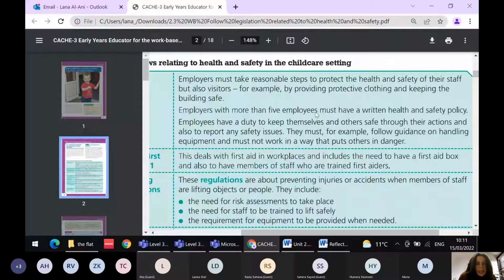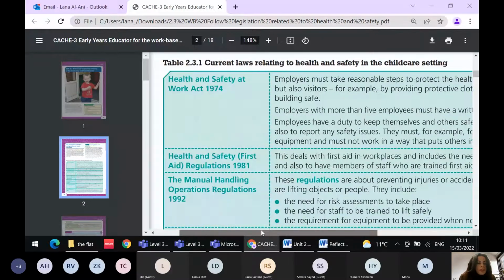And an employer with more than 5 employees must have a written health and safety policy. So if the company has got more than 5 employees, they should have a health and safety policy to show the duty of everyone regarding health and safety, what action they should take in any situations. So this is the first one.